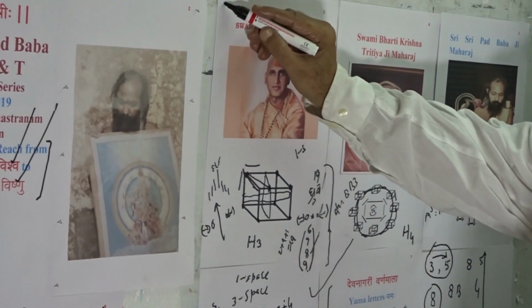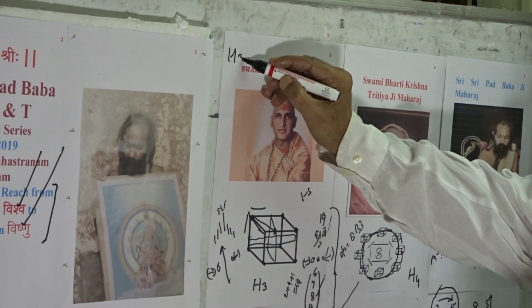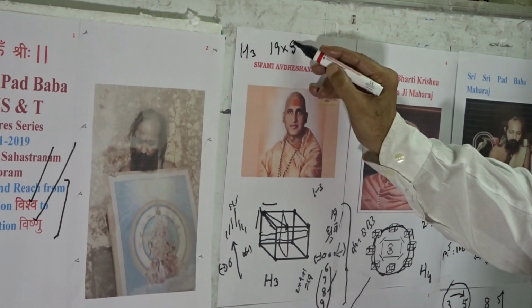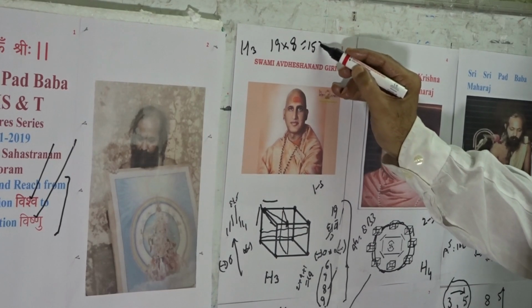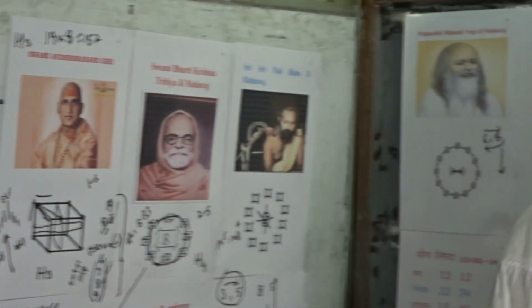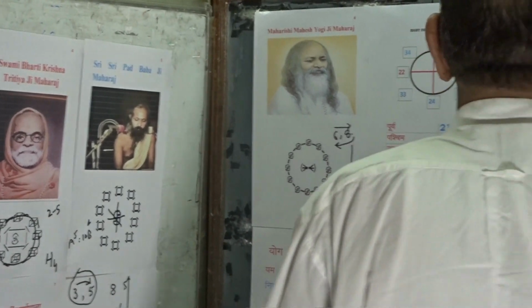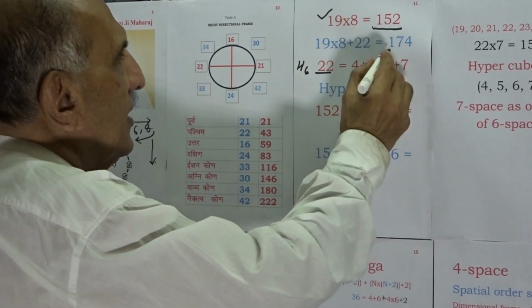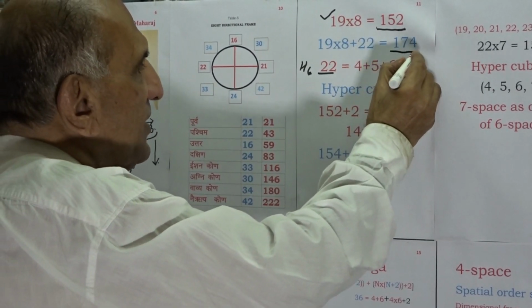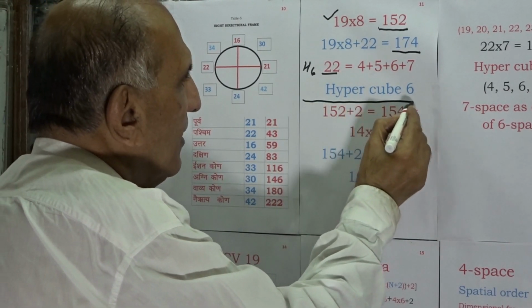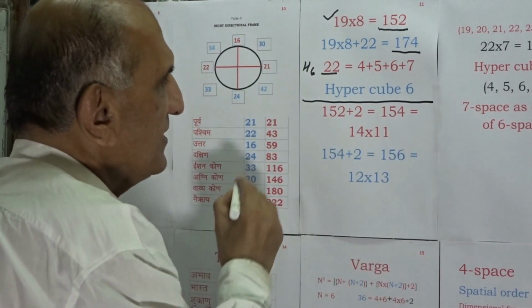From hypercube 3 we had reached that value 19 into 8 is equal to 152. From here we have to transit to hypercube 6, and hypercube 6 is giving us value 22. Therefore it will lead us to value 174. Therefore it is a reach up till the format of hypercube 6.